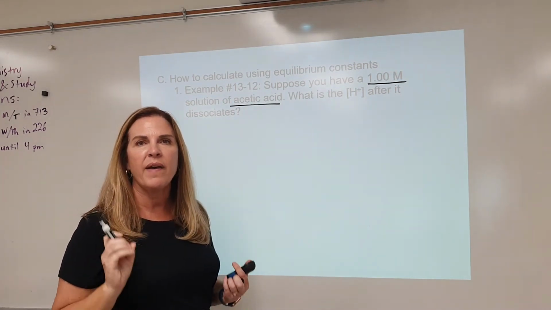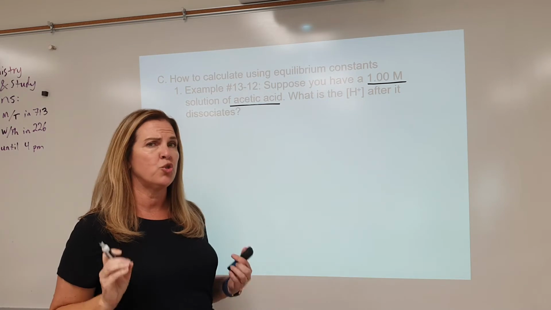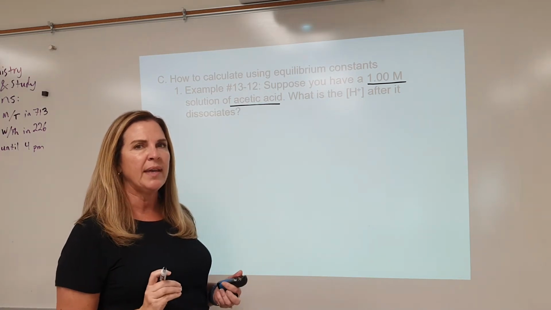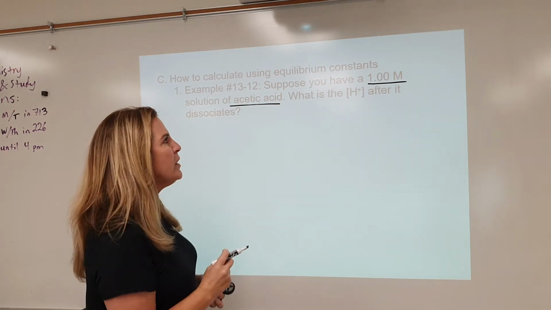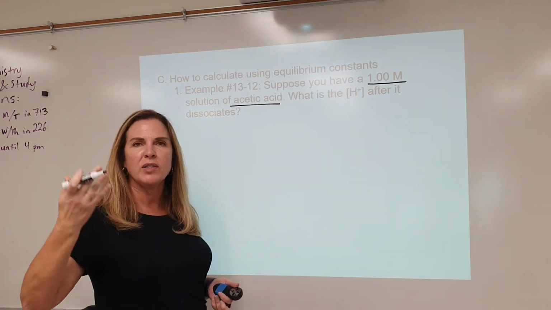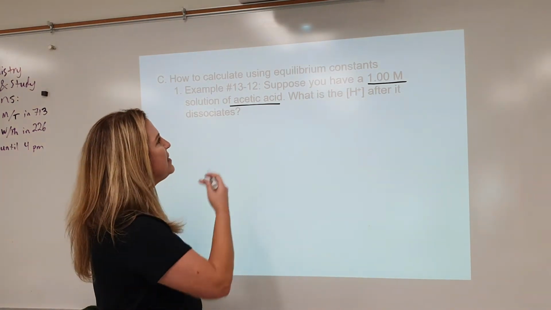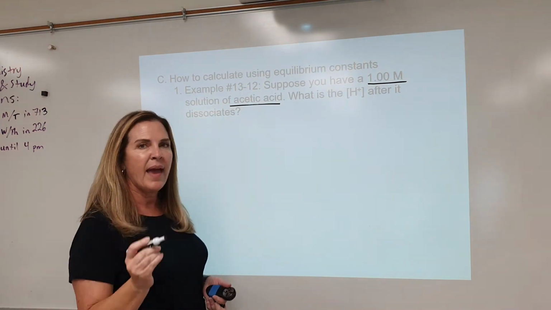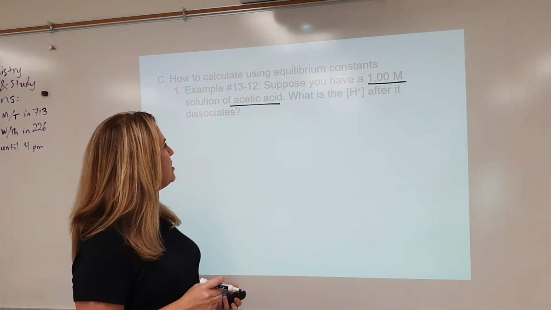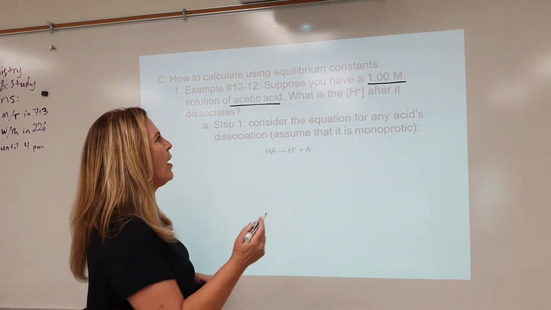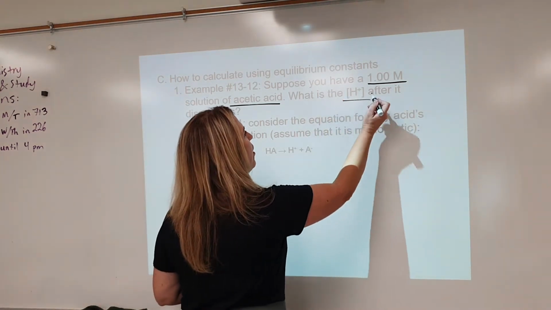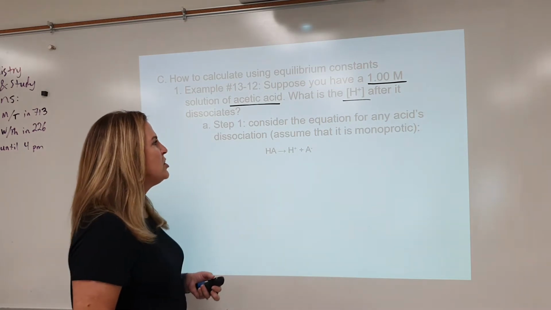What kind of acid is acetic acid? Is it a strong acid or is it a weak acid? All right, hopefully you recognize, because you've memorized those 6 strong acids, that acetic acid is weak. And that means that we know that the concentration of our acid does not equal the concentration of our hydrogen ion. We want to know what is the hydrogen ion.